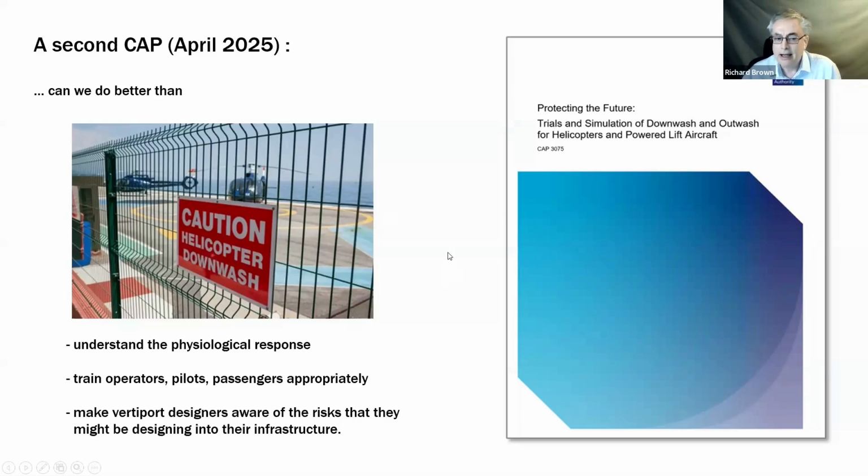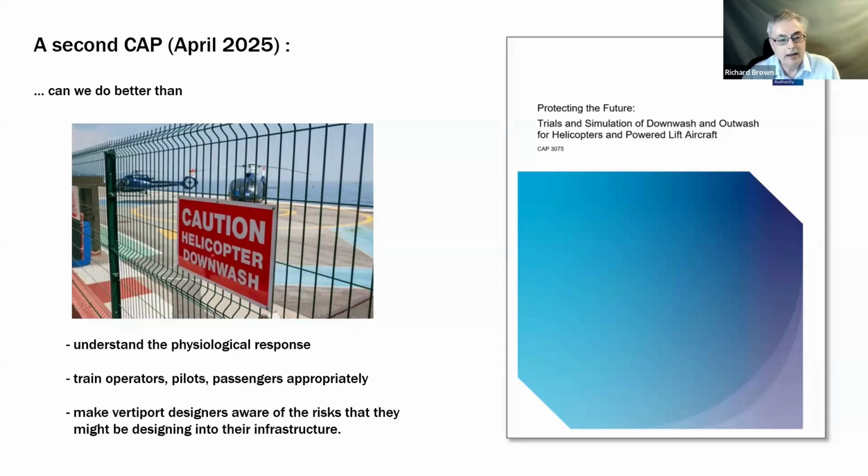First of all, can we understand the physiological response? Can we understand why Mike felt cognitively impaired while standing in that outwash and being buffeted from side to side? Secondly, could we use simulations, such as the ones that we had produced, to train operators, pilots, and passengers appropriately to be aware of just what might happen were they to be exposed to outwash, let's say when climbing into an eVTOL or a conventional helicopter?